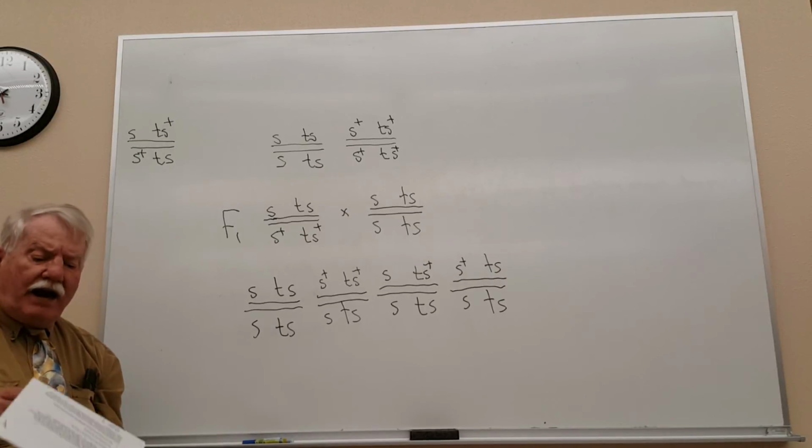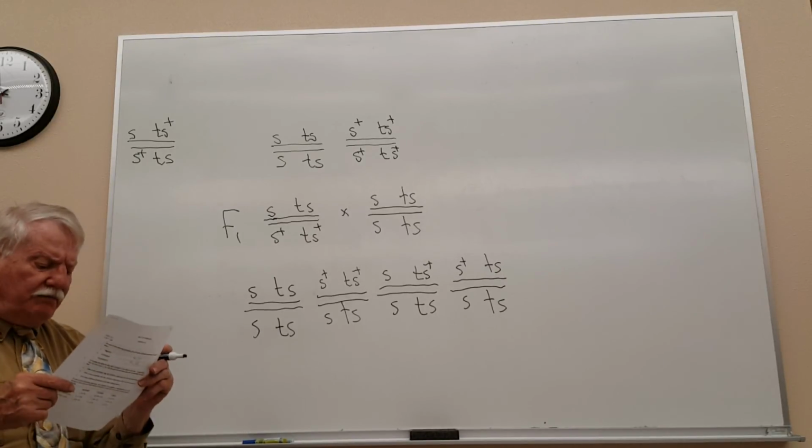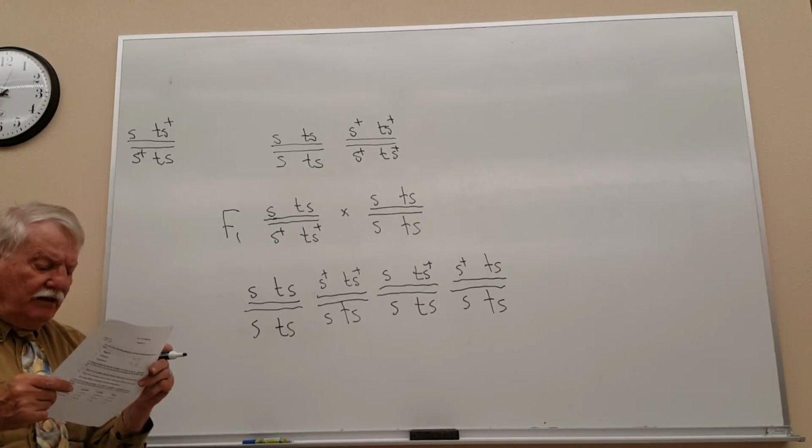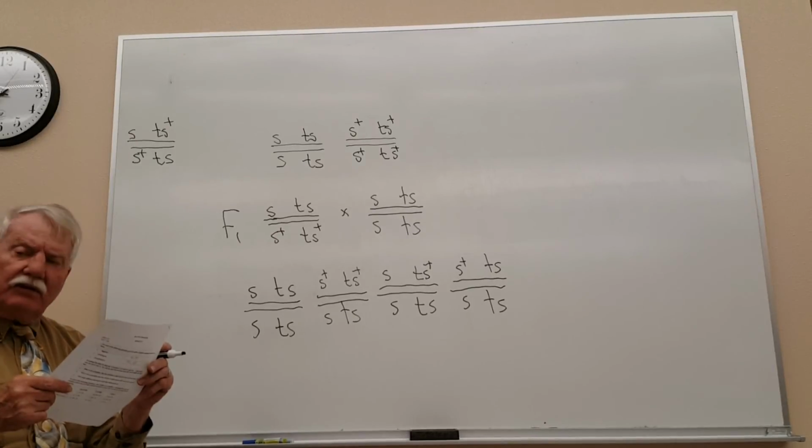So you add all the numbers up, and the recombinant ones add up to 92, and you divide 92 by the total.